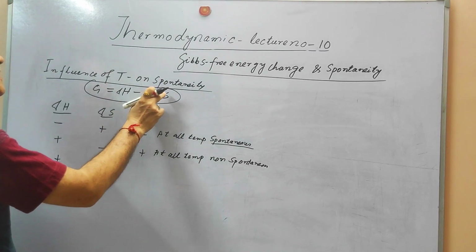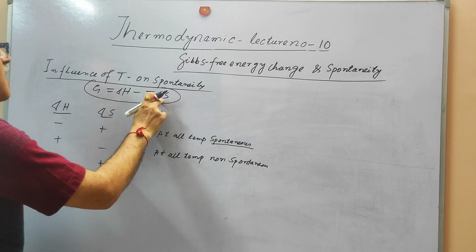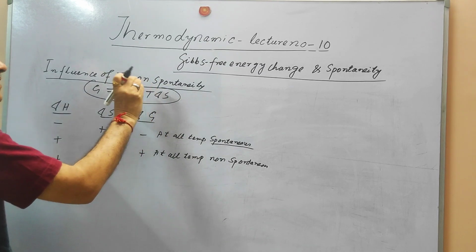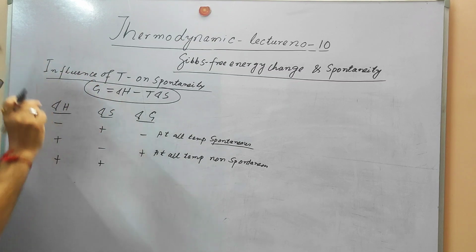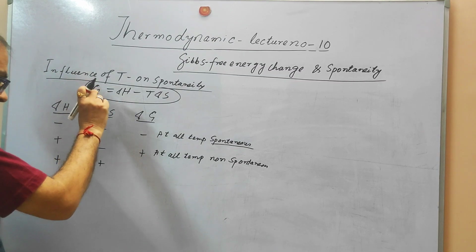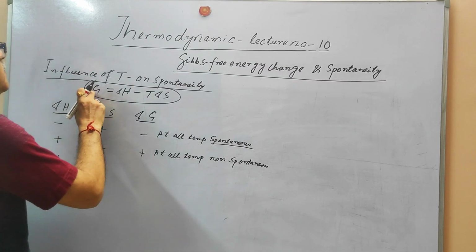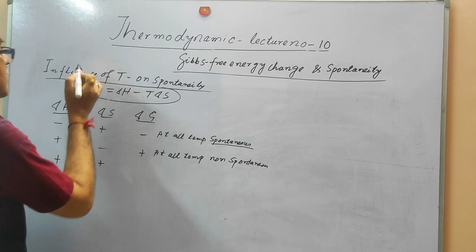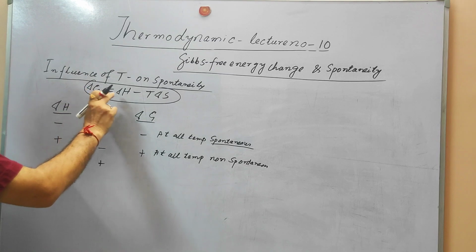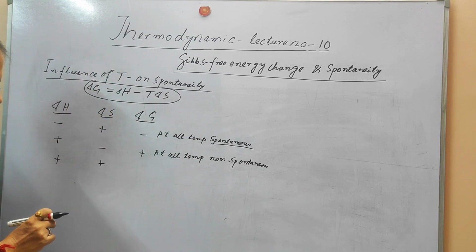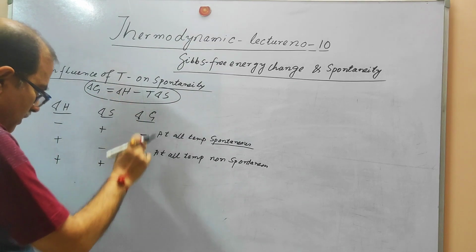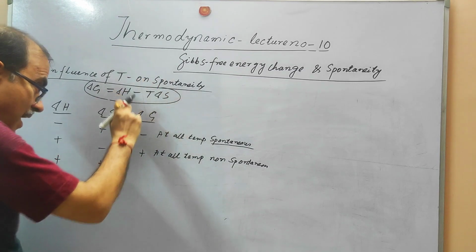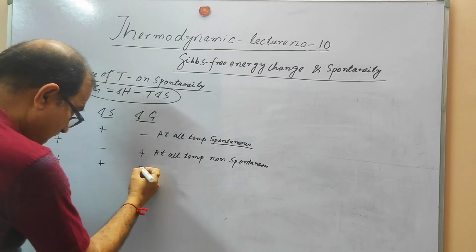When this value is plus, then T into delta S will contribute the negative change to this delta H. So delta G will be negative only when this value is higher, that is, if T is high.